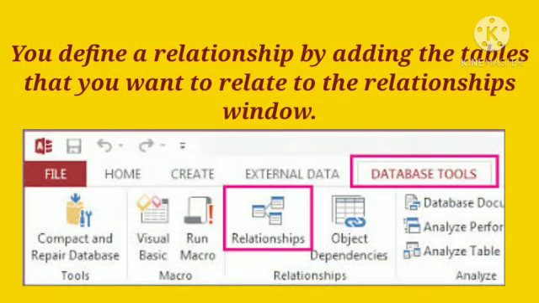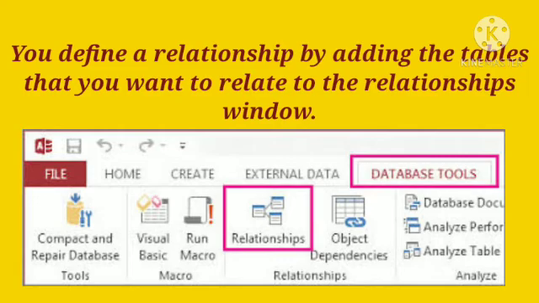The Relationships window. First, a relationship in Access helps you combine data from two different tables. You define a relationship by adding the tables that you want to relate to the Relationships window and then dragging the key field from one table and dropping it on the key field in the other table.